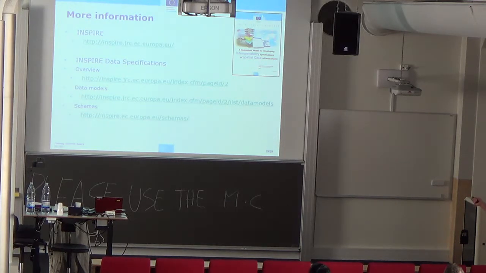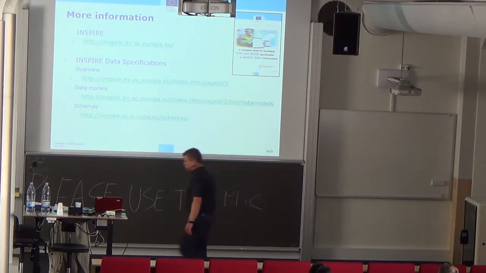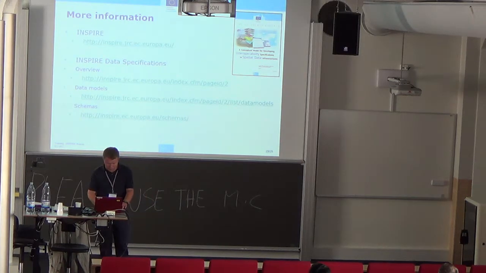This report is available on the INSPIRE website. It was published, I think, last year. And then INSPIRE data specification, you have an overview here, data models, which I already showed you, and also schemas which are available. Maybe we can try really just to go into one data spec before we finish this session.